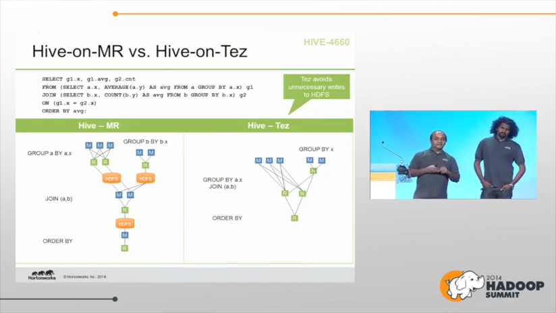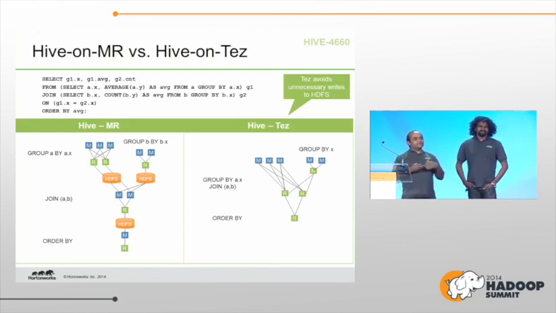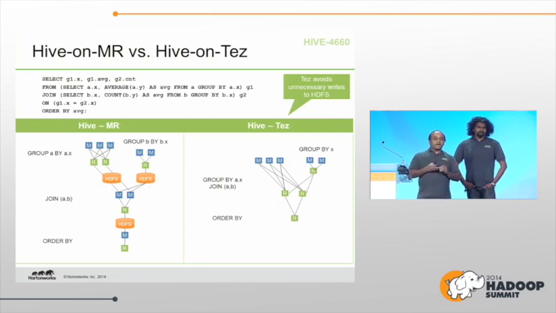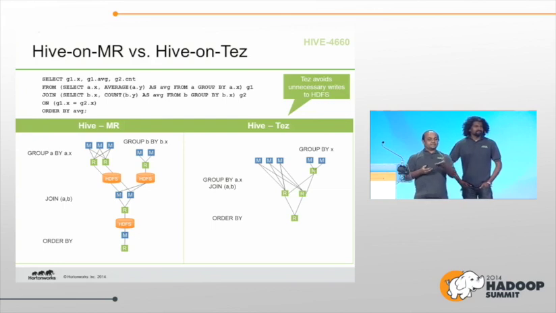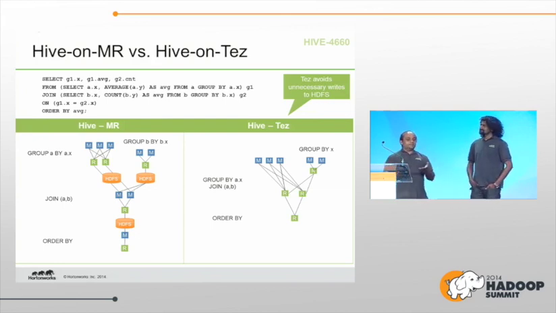And the Hive Tez plan does this in a much smaller number of stages, and does not write to HDFS in the intermediate stages. One of the group bys produces output in a MapReduce job, but that output is streamed to the reducer of the other group by, and the join is done there itself, which really cuts one of the processing stages. And there is a final reducer that just does the order by.